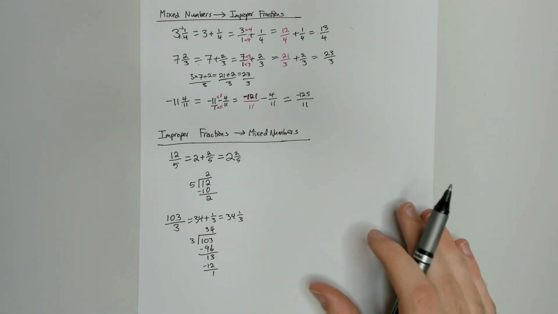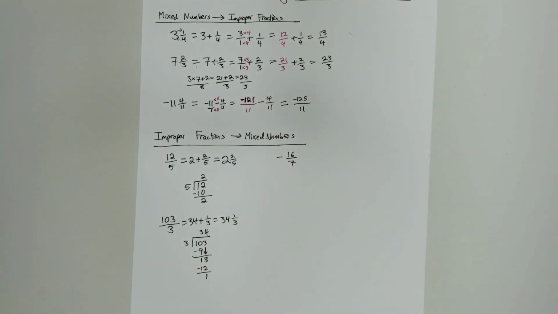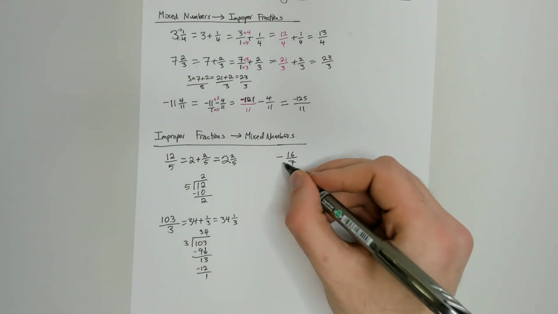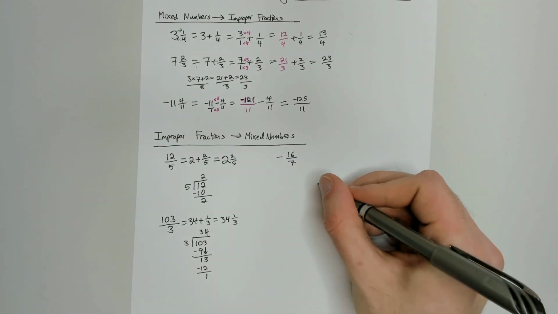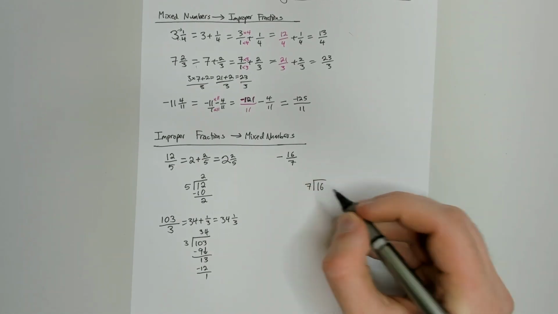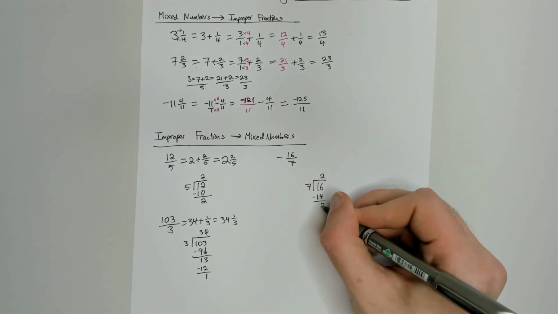So let's try one with a negative number. Let's do negative 16 over 7. We can basically just leave the negative for after. So if we do negative 16 over 7, we'll just look at 16 divided by 7. 7 goes into 16 twice, right? We can subtract off that 14 and we get a 2.